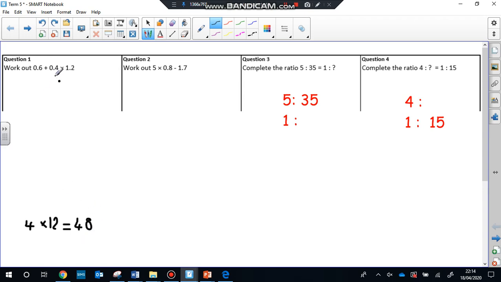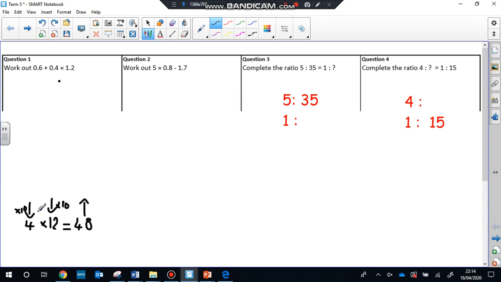So I know that to get from 0.4 to 4, I multiplied by 10. And to get from 1.2 to 12, I also multiplied by 10. So what I've got to do now is to work backwards.